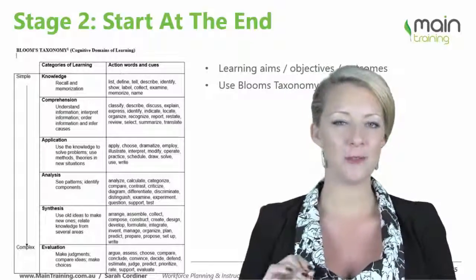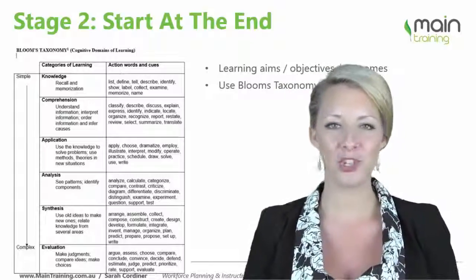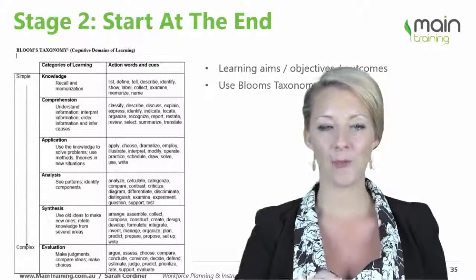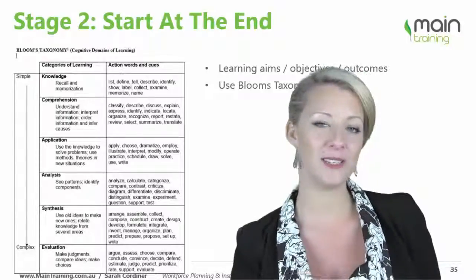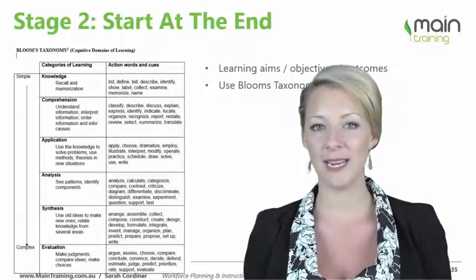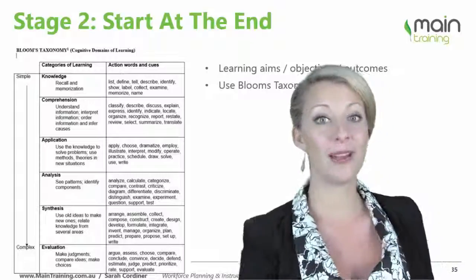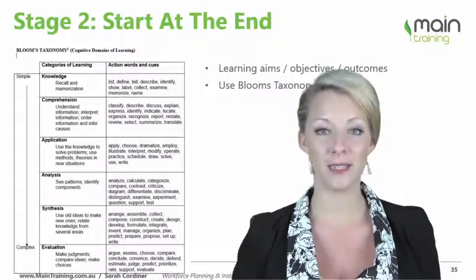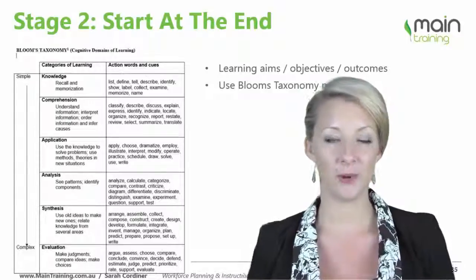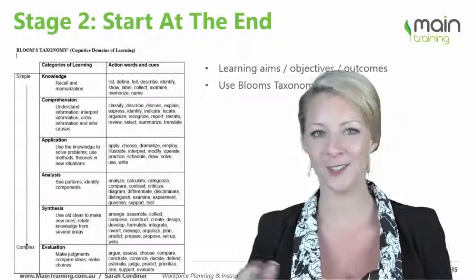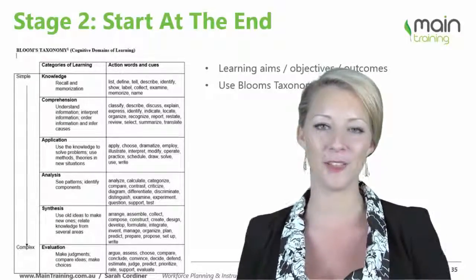We need to be using verbs that can actually be measured, witnessed, or assessed so that we can tell whether or not that training has been effective, whether or not the trainer or training provider is effective, in order to see whether that's going to make any difference whatsoever to the whole reason that we put the training on in the first place.